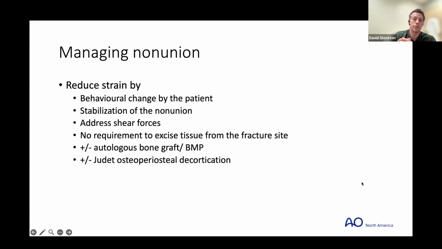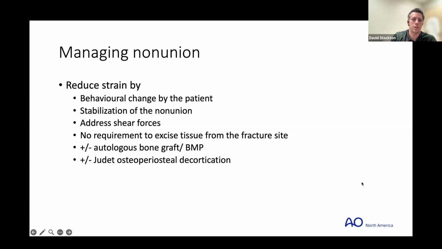So once you neutralized that strain, it was able to propagate further along the pathway into bone. The use of autologous bone graft, they make the point that it's not necessary as long as the mechanics are well addressed.